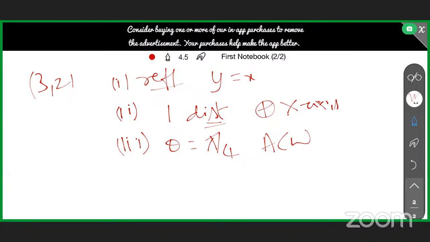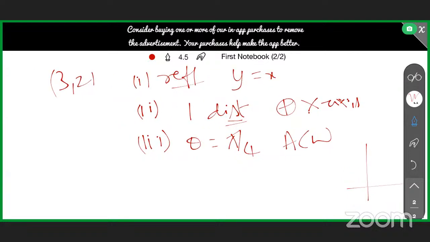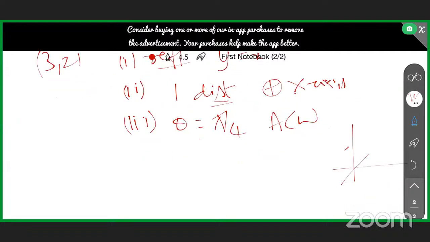Now what they're telling is that (3, 2) is undergoing a reflection about y is equal to x. Yesterday we discussed this problem. That means a point is undergoing a reflection because of a diagonal line, the line y is equal to x. So (3, 2) will become (2, 3).